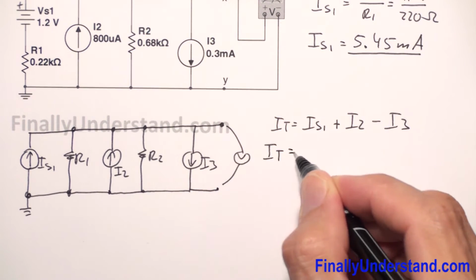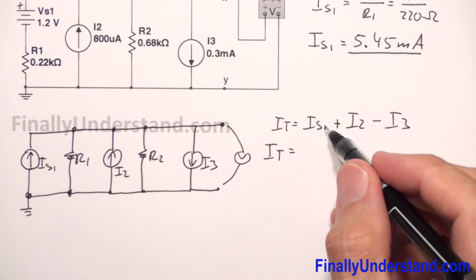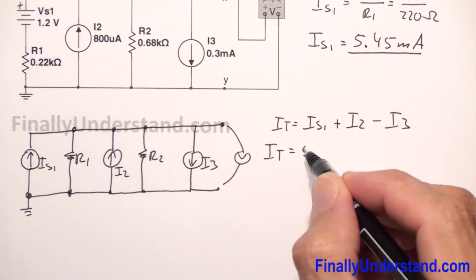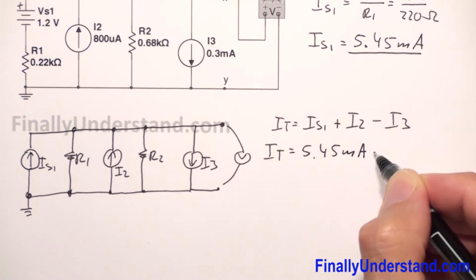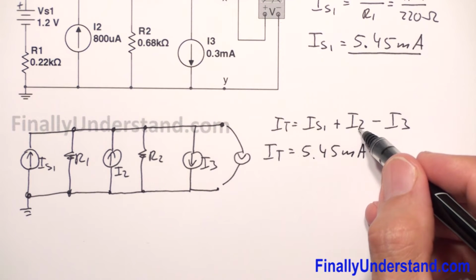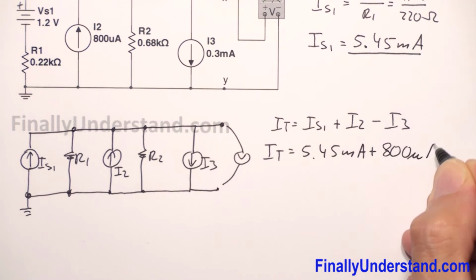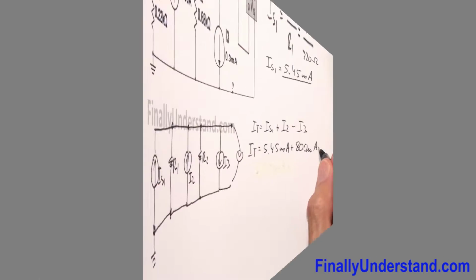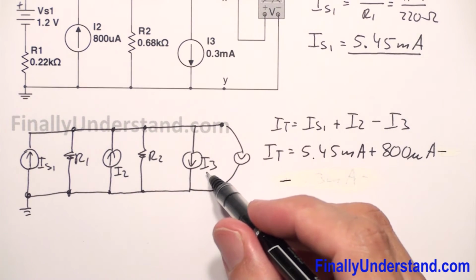So I total is equal to I source 1, which is 5.45 milliamps, plus I2, which is equal to 800 microamps, minus I3, which is equal to 0.3 milliamps.